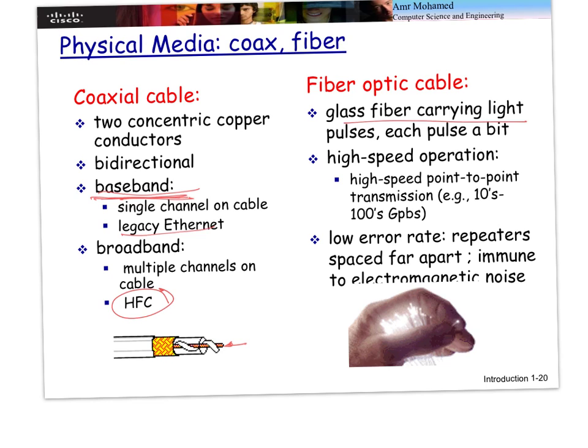Versus multi-mode, the light beam itself is thick, and it can diffuse the energy of the light itself and create multiple copies. And in that case, the distance that these cables can span is much less compared to single mode. Why? Because for single mode, you are concentrating the whole power in one direction. When you concentrate the whole power of the signal in one direction, then you can go a very large distance.